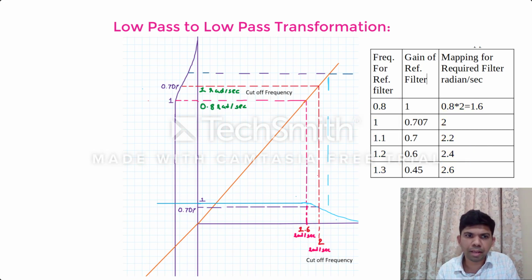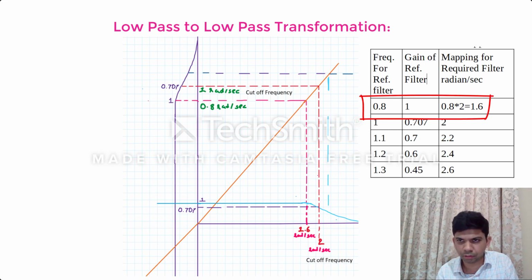So at the mapped frequencies, I must get the similar gain as that of the points in the normalized filter. As the gain at 0.8 radian per second in the normalized filter is 1, I must get a gain of 1 at 1.6 radian per second in the desired filter.